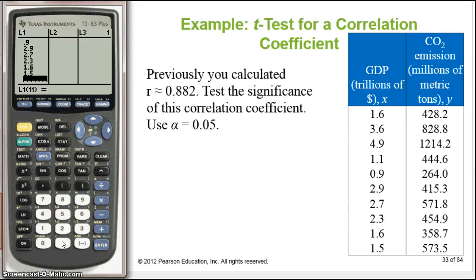And then arrow over to column L2, and that's where your Y variable is going to be entered, which is the carbon dioxide emissions. So 428.2.